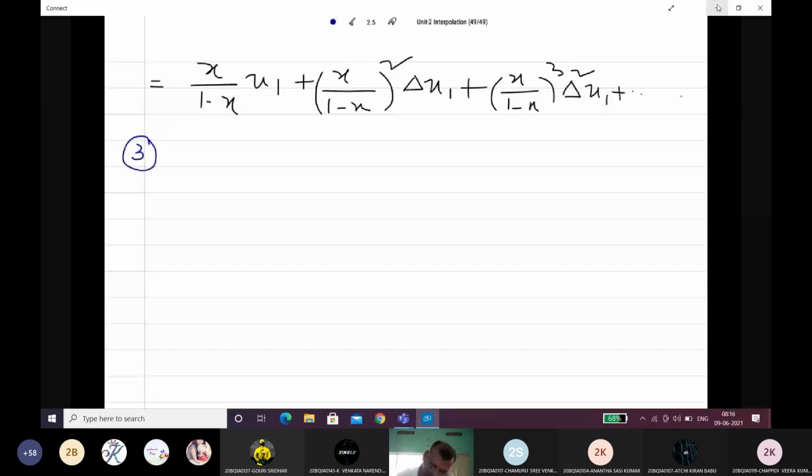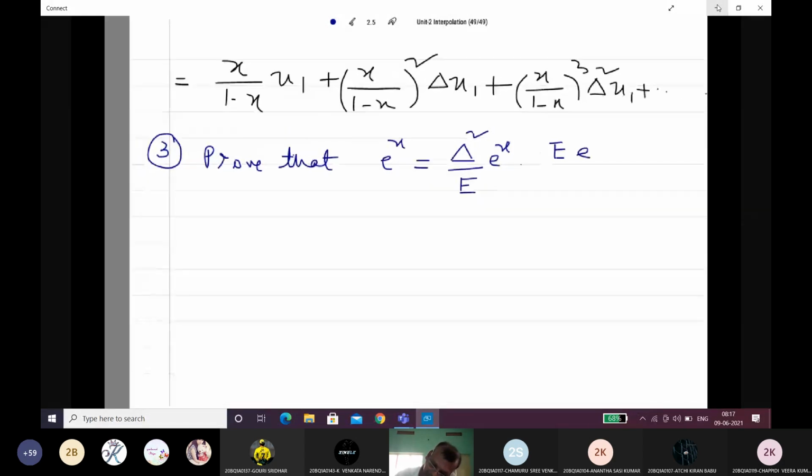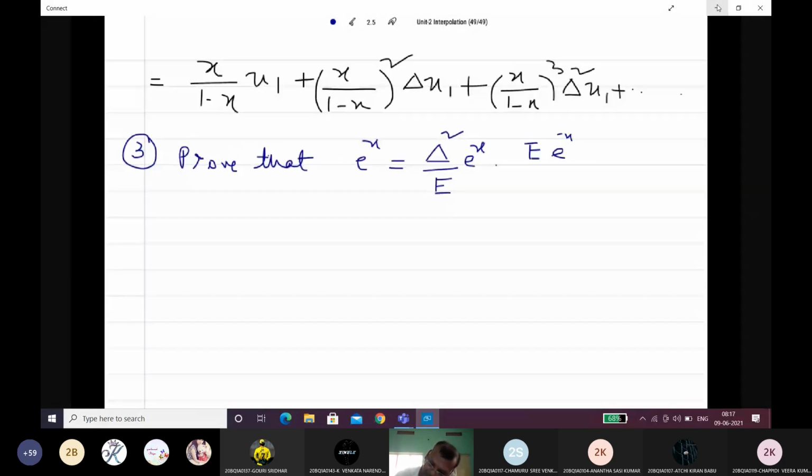Prove that e power x is equal to delta square by E into (e power x) divided by delta square e power x.